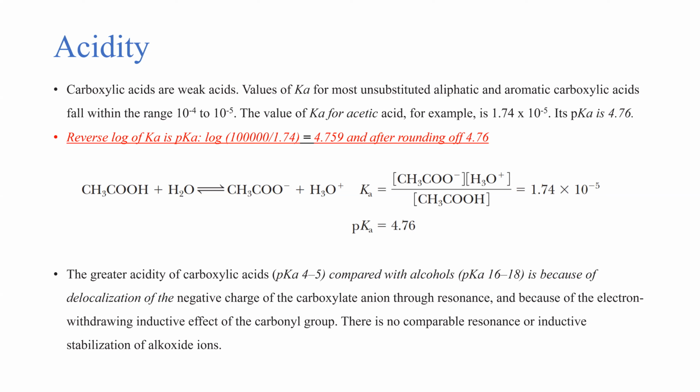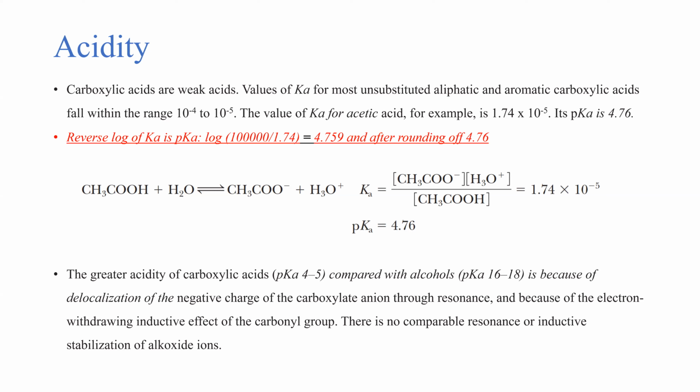When we compare carboxylic acids overall, without the boundary of organic and inorganic, carboxylic acids are weak acids. The value of Ka for most unsubstituted aliphatic and aromatic carboxylic acids falls within the range of 10 to the power minus 4 to 10 to the power minus 5.